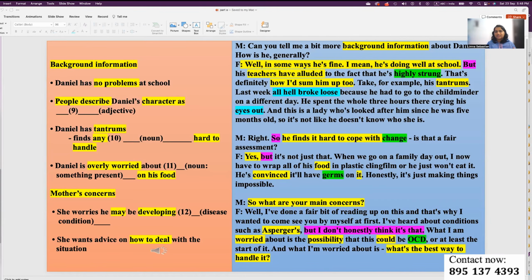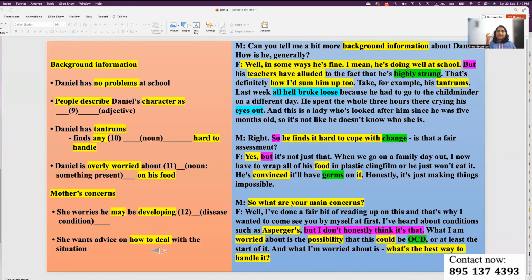That means convinced. In the question paper, we can say overly worried. It will have germs on it. Germs. So our prediction is correct. He is thinking something is present on that food. So what is that? Germs, a noun. On it, here it means food. Germs present on food. Okay, so this is the way you should find the answers.